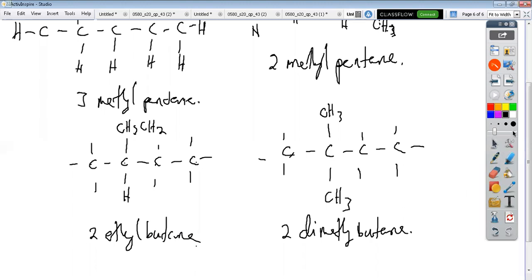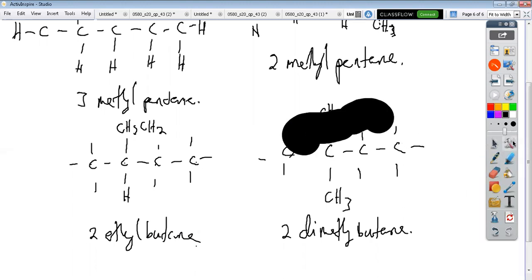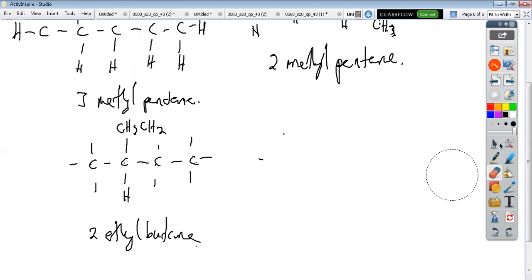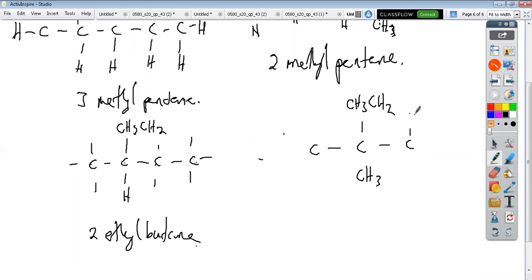Then lastly, I can have 3 carbons. 3 carbons only. So remember, we still want to have 6. So 1, 2, 3. Then I can have an ethyl group and a methyl. Let's see who can get this naming correct here. What do you do when you have something like this?